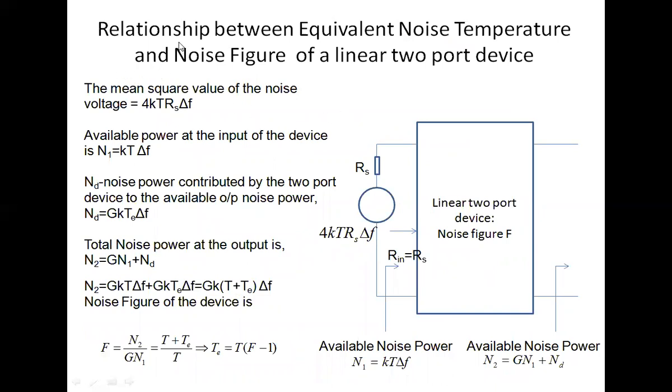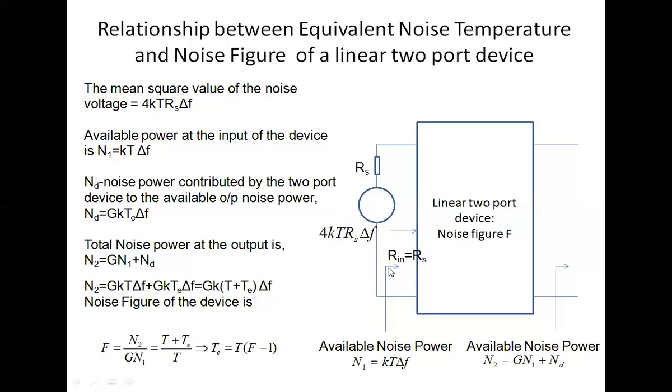Now we'll see the relationship between equivalent noise temperature and noise figure of a linear two-port device. The figure shows a linear two-port device whose noise figure is given by capital F. Let's say we have a noisy source here, and the mean square value of the noise voltage is 4kT RS delta F, where delta F is the bandwidth, sometimes also written as B, and RS is this series input resistor.